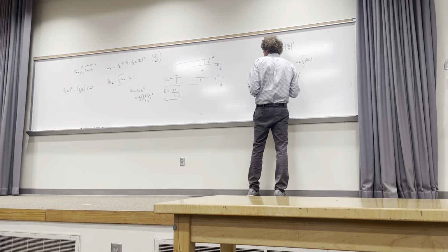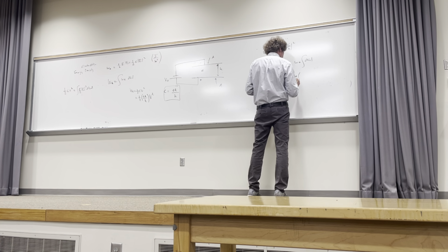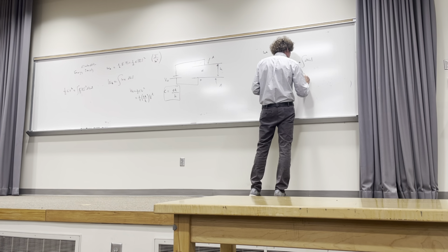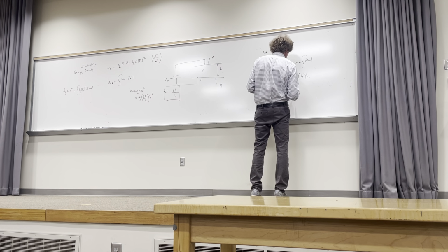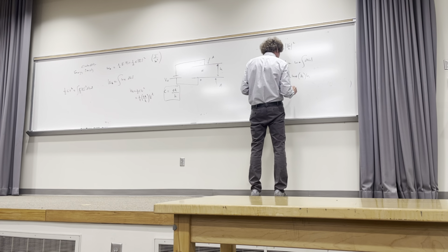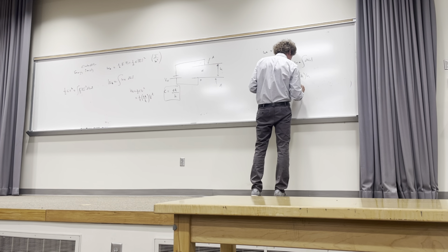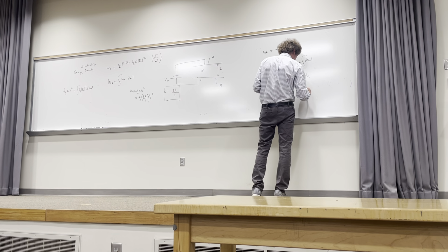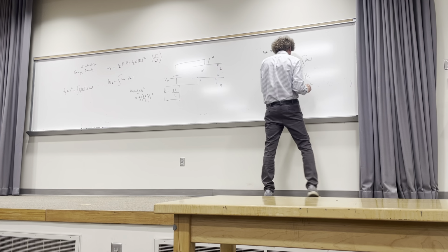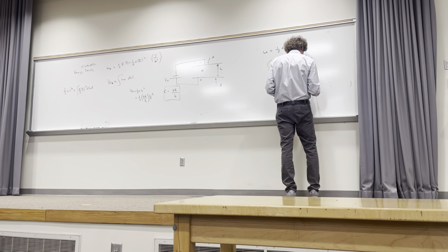Well, it's just the length times the width, or A, times the height, H. Or I can say that total energy is equal to the energy density, that's this, times A times H.